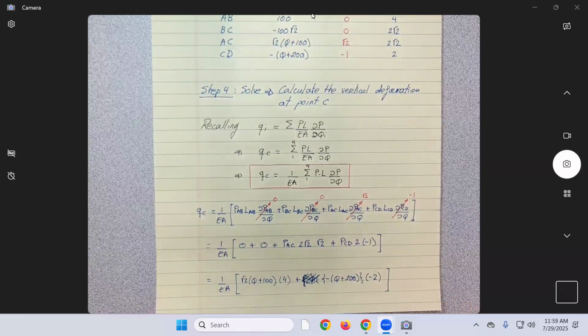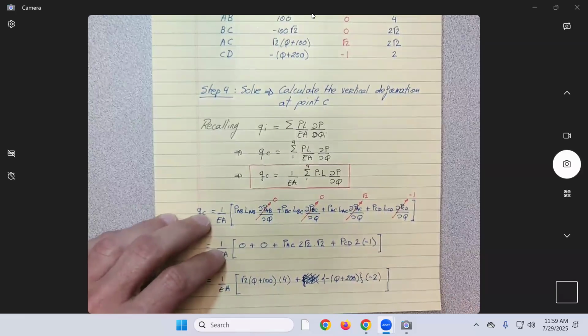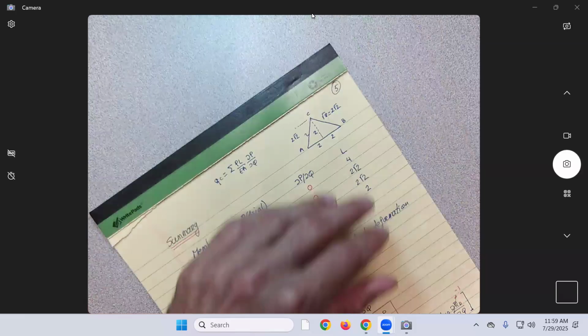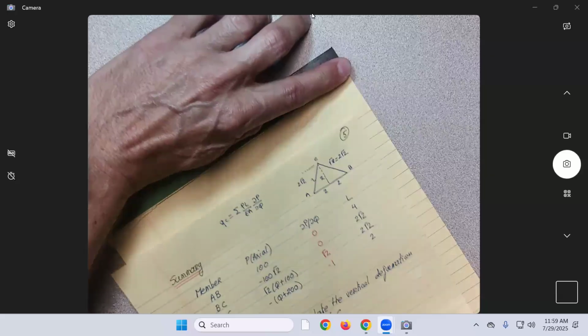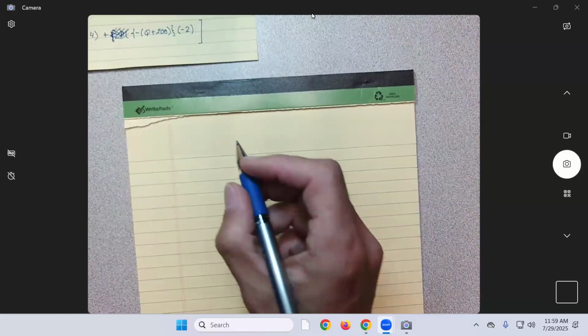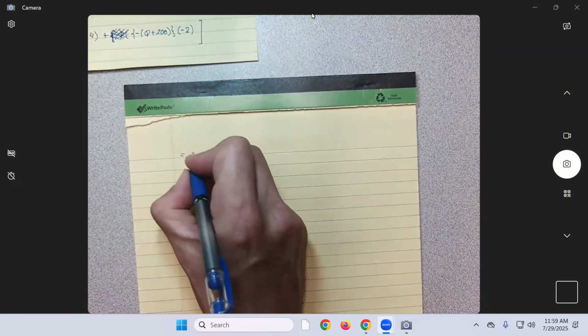I wanted to do everything in one page, but I won't be able to make it. Sorry for that. So I'm going to rewrite this line over here because I did a little bit of scratching, and that way we start here from the top.